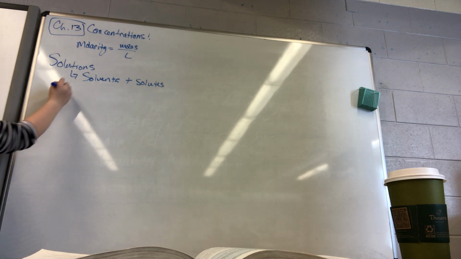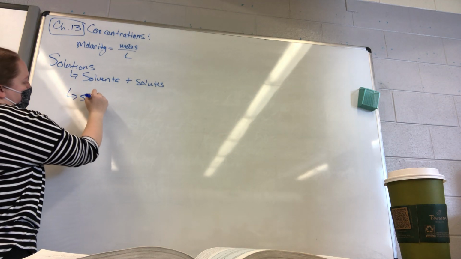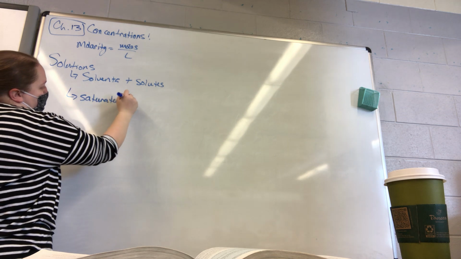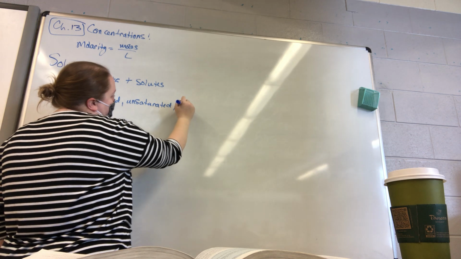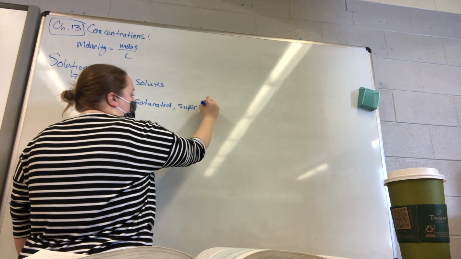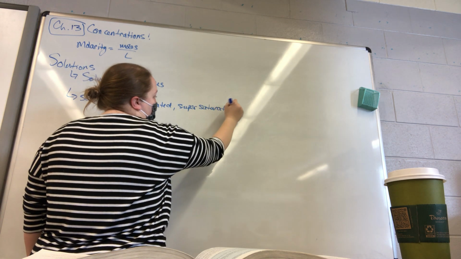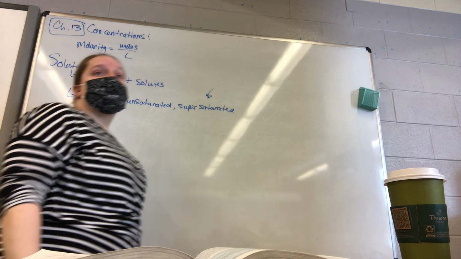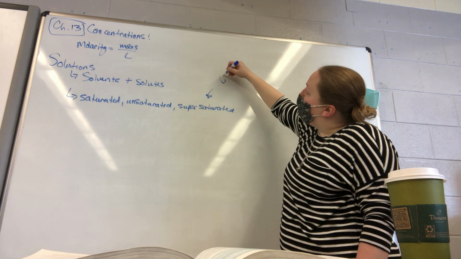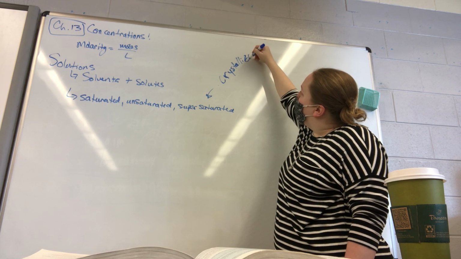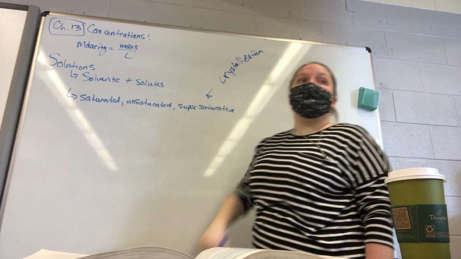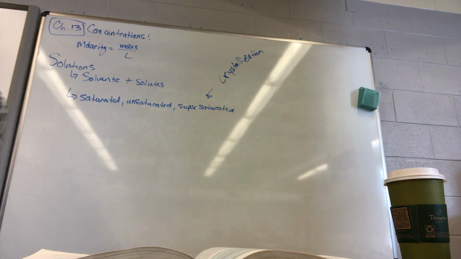We said solutions could be saturated, unsaturated, or supersaturated. We used a supersaturated solution to recrystallize something in lab. I'll remind you that we recrystallized benzoic acid when we did this.